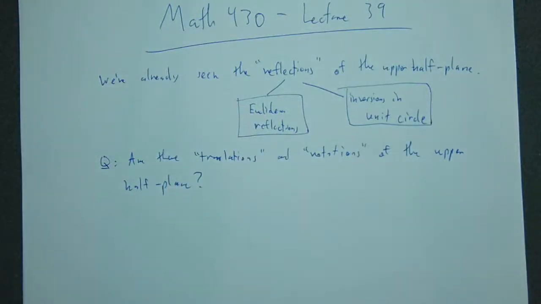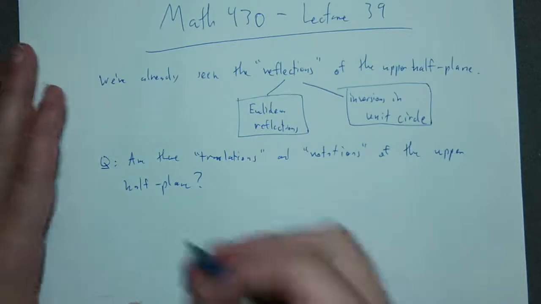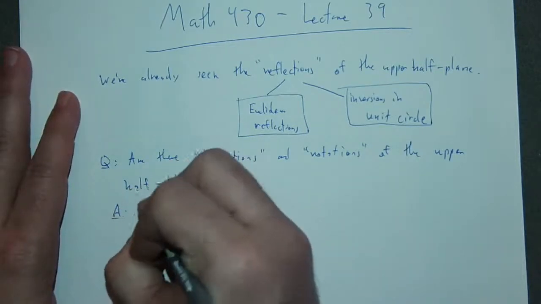So the question is whether or not there exist isometries of the upper half plane that are analogs of translations and rotations in the Euclidean sense. Okay, and the answer is yes.